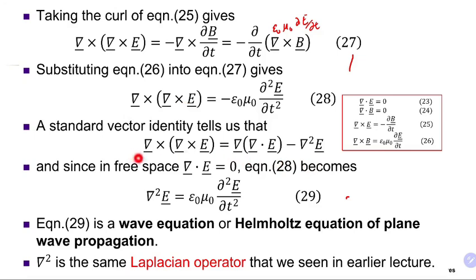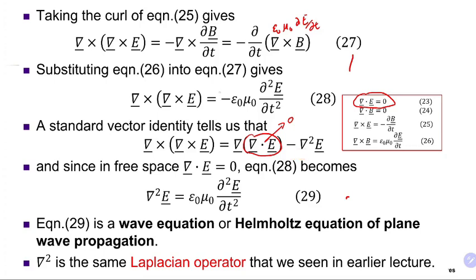And here we have a standard vector identity. The curl of a curl is equal to the gradient of a divergence minus the Laplacian. And then we established that the divergence of the electric field up here is equal to 0, and therefore this is equal to 0. And therefore what we're saying is that this is equal to the negative del squared of the electric field.